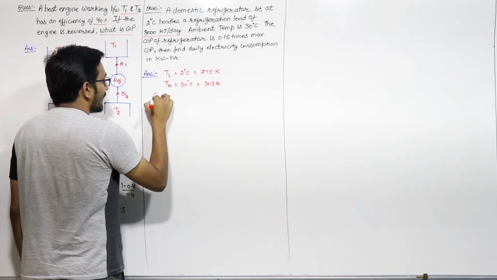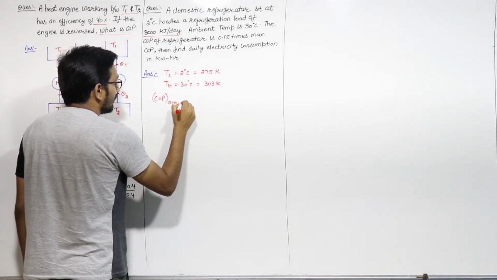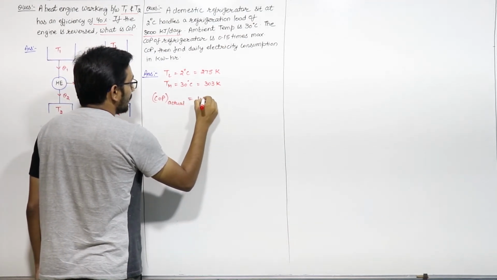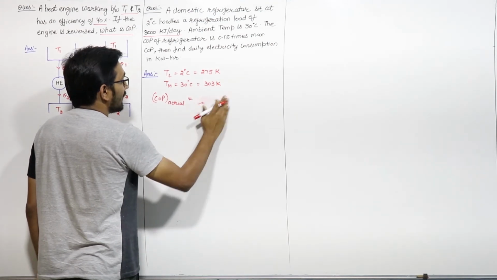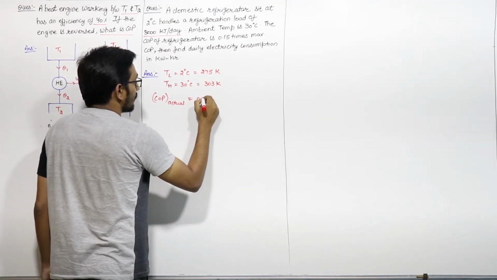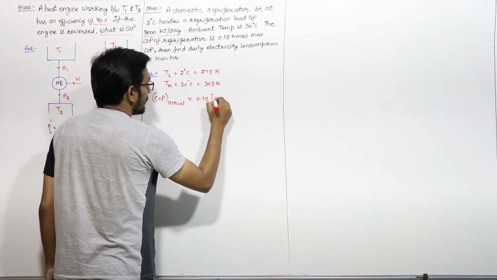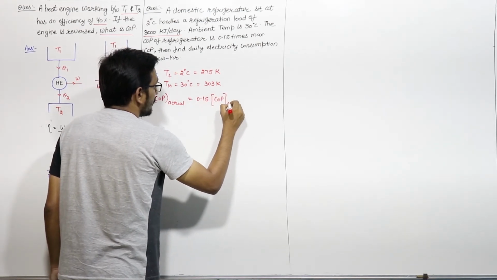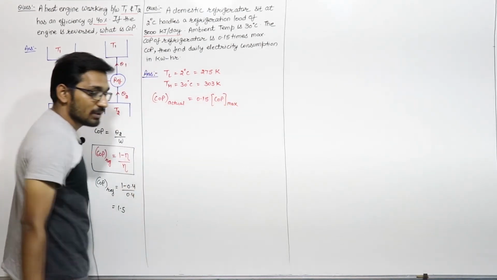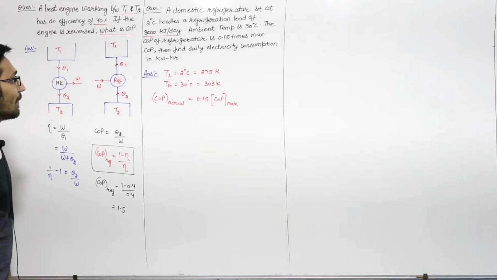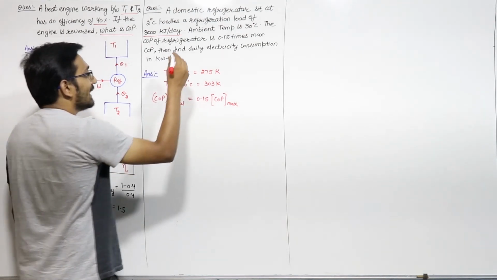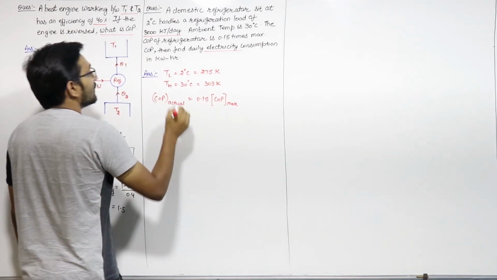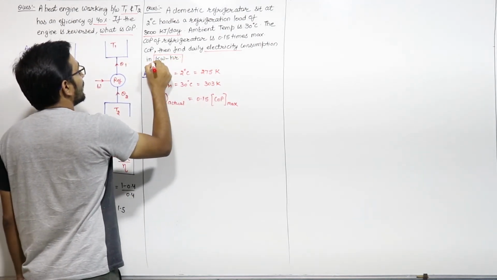COP of this actual refrigerator will be equal to 0.15 times the maximum COP. Maximum COP means COP of a reversed Carnot cycle. We have to find the daily electricity consumption in the unit of kilowatt hour.